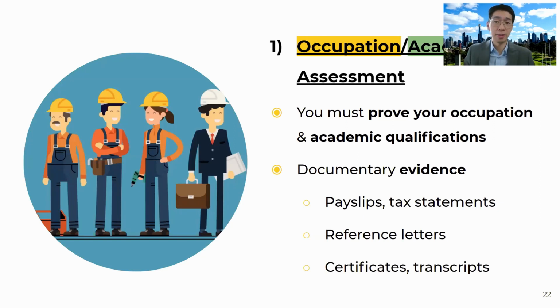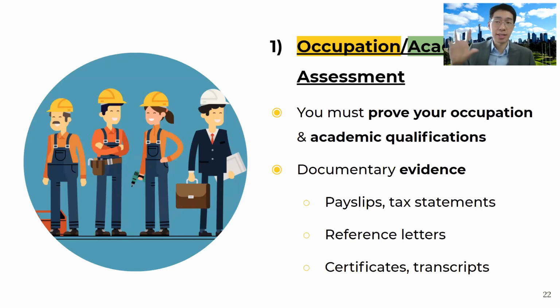For Canada, the priority is proving your academic qualifications, because you need them verified to be allowed to apply. In Australia's case, it leans more towards the occupation, because the occupation has a higher weightage when you apply for Australia.